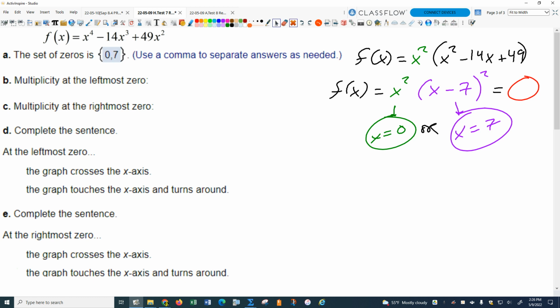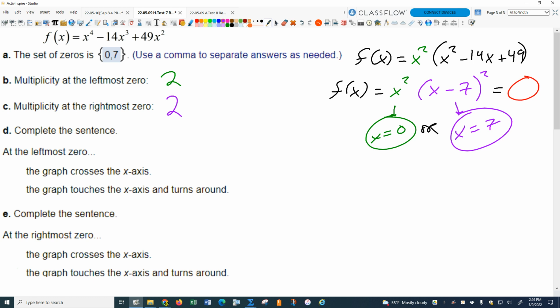What's the multiplicity of the leftmost 0? If I were to graph this thing, which of these, 0 or 7, is leftmost? 0. Yeah, that's further to the left on the x-axis. So what's the multiplicity of the leftmost 0? 2. How about the rightmost 0? 2. Okay, so what does it do at the leftmost 0? Is it going to touch the x-axis and turn around, or cross the x-axis?